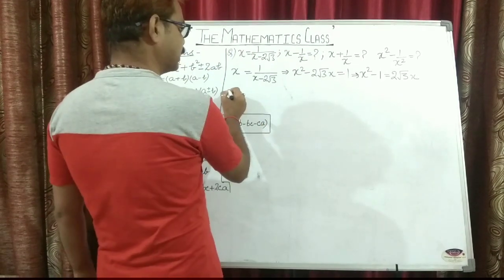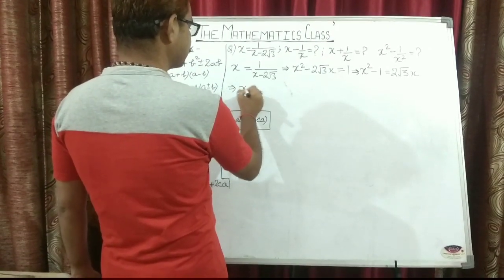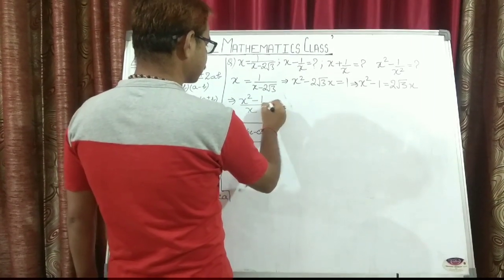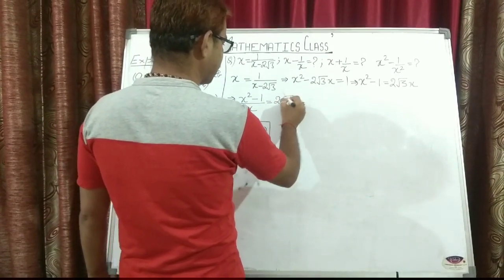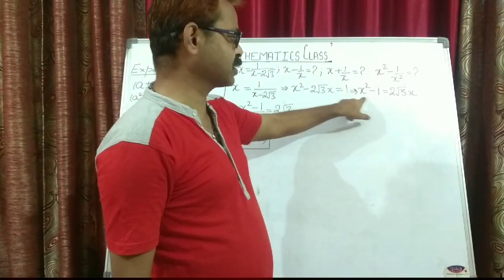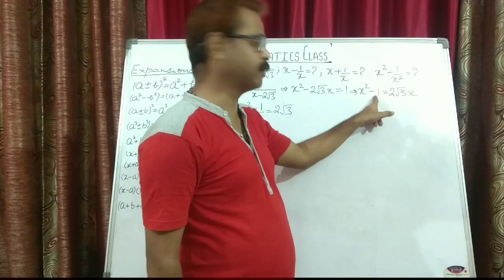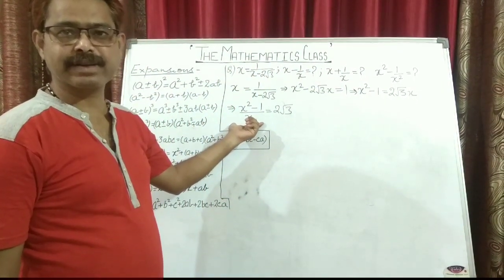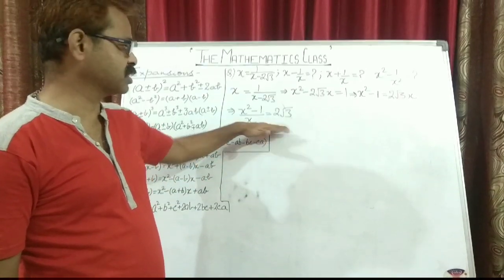So this can be written as (x square minus 1) upon x is equal to 2 root 3. This x came to this side since it was multiplied, so here it will come into the denominator. So it is (x square minus 1) upon x is equal to 2 root 3. I hope this is clear.